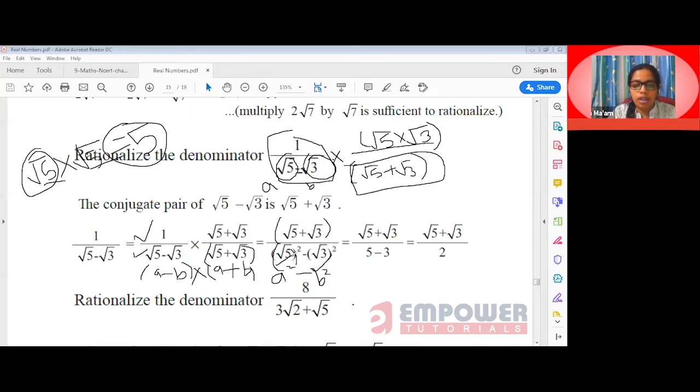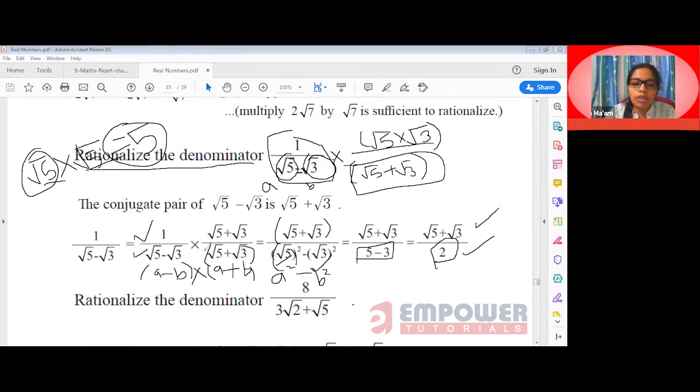Okay, so now this will convert to a square minus b square form. So this will be equal to 5 minus 3. So this is the rational number. So I will get a rational number in the denominator. And we don't care about the numerator, because in the numerator we will tend to get some irrational number. But what they ask you is to rationalize the denominator.